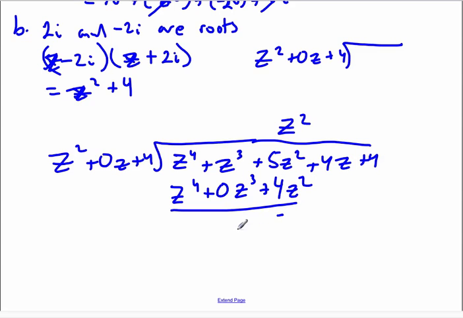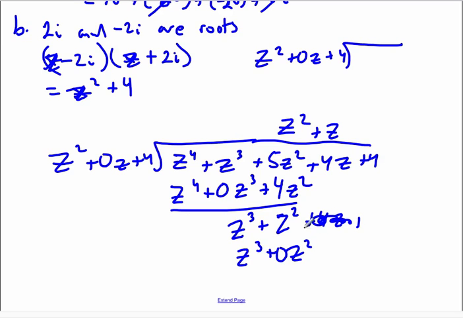We get z cubed plus z squared plus 4z. Okay. So next we're going to get a z. So z times this gives you z cubed plus 0z squared plus 4z.